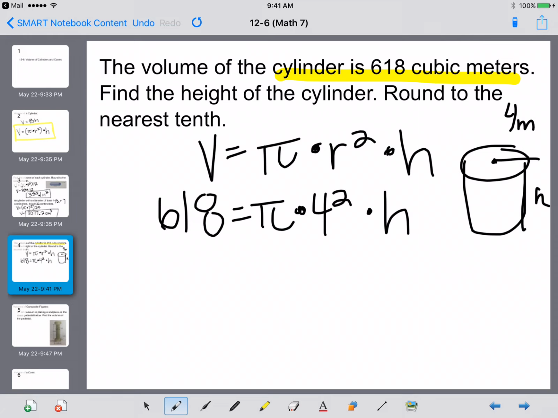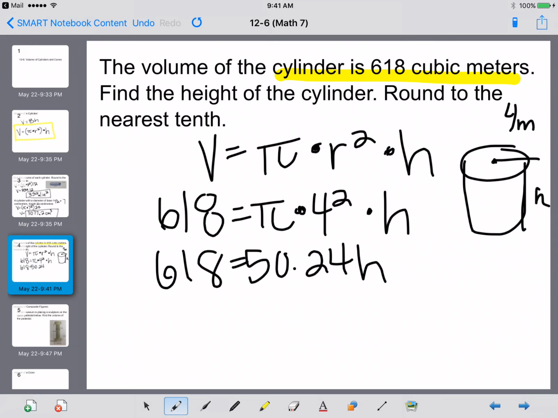So we're going to multiply our 3.14 for pi times our 4 squared, which is 16, to get us 50.24h.